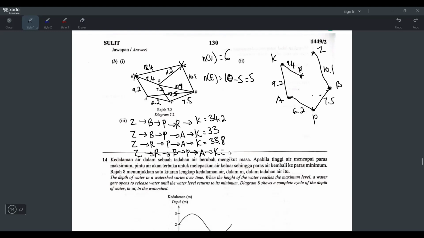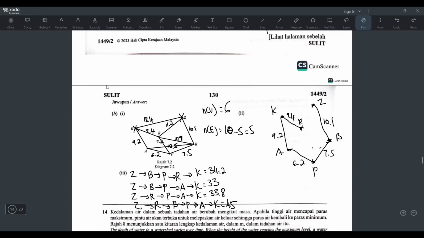And then the next one is Z R B P A K. So Z to R is 11.2 plus R to B 10.9, and then B to P 7.5, and then P to A to K, 6.2, 9.2. Okay, wait, I'm pressing my calculator. Okay, I got 45.